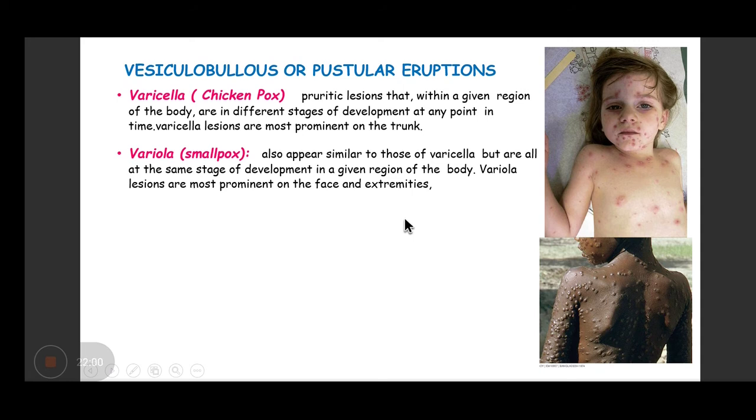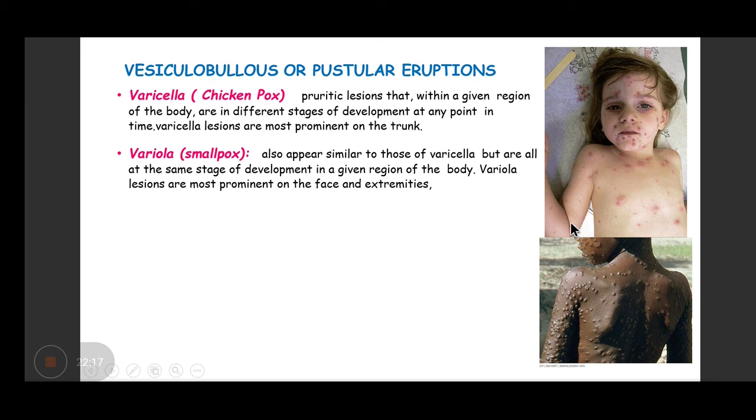On the other hand, smallpox is a disease which has been eliminated. It does not occur nowadays, but we sometimes discuss it. One of the times is when we talk about the eruptions of chickenpox.